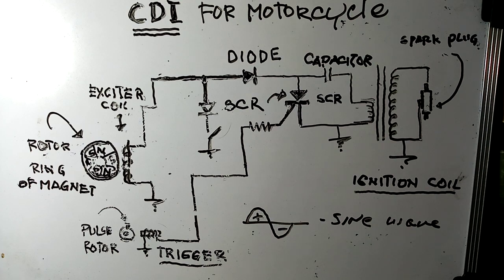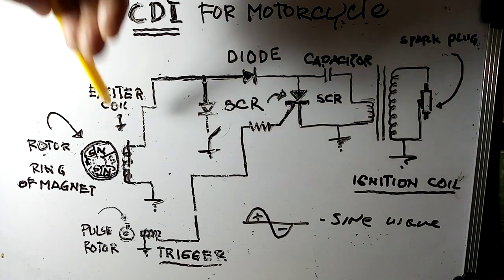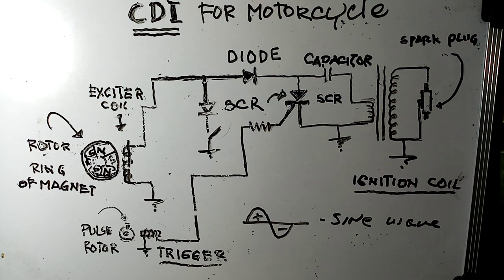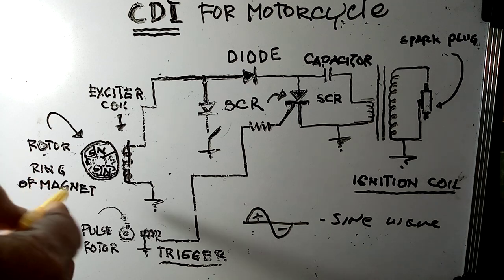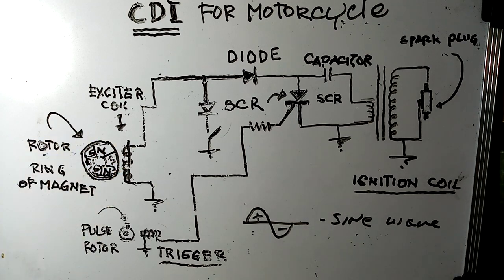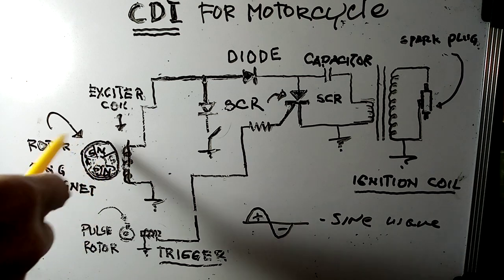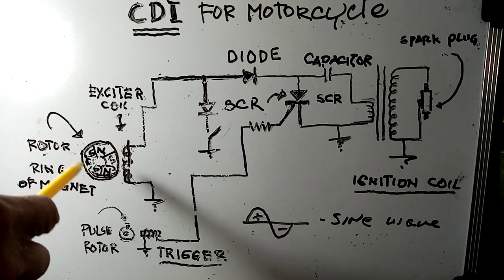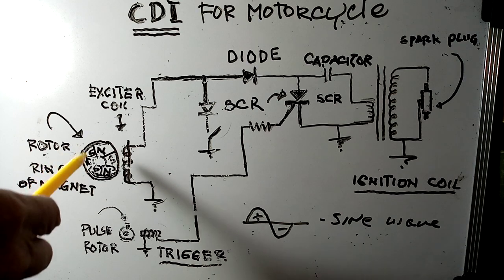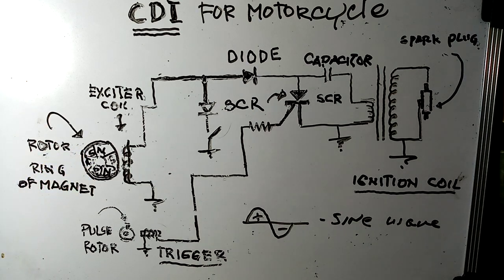So the exciter is a coil. When the engine starts to run, the rotor will spin and rotate, facing the exciter, and the ring of magnets embedded there is north, south, north, south, north, south.